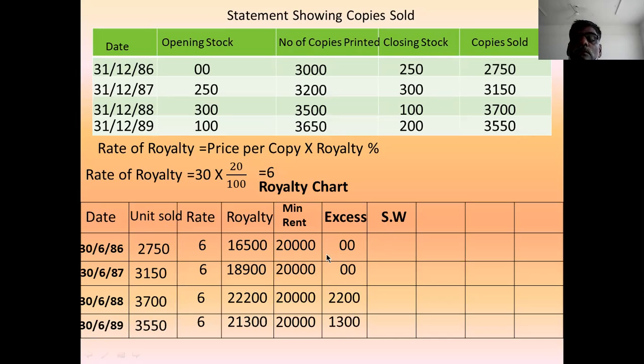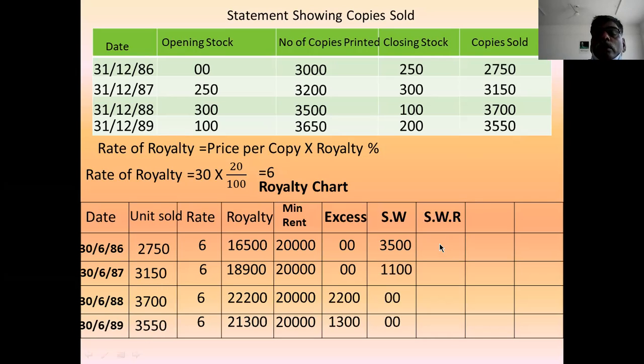Then short working. Short working is equal to minimum rent minus royalty. First year short working is 3,500, 20,000 minus 16,500. Second year short working is 1,100. Third year short working is 0. It is not possible. Fourth year is also not possible.